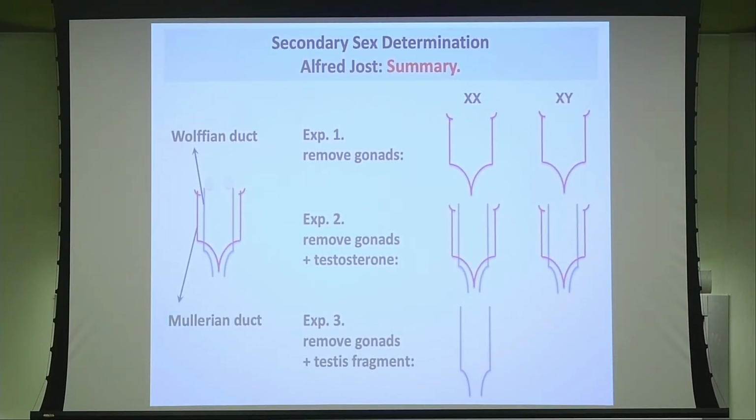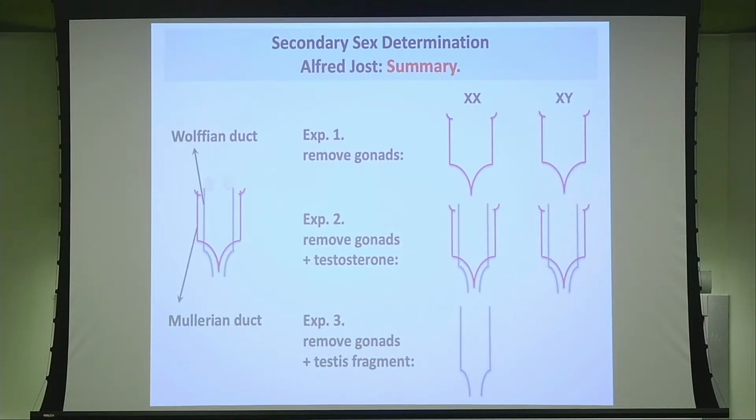Testosterone. So this means that testosterone coming from the testis causes development of the Wolffian duct, right? Now, what is the other thing that we're seeing here? We see the Mullerian duct is gone.